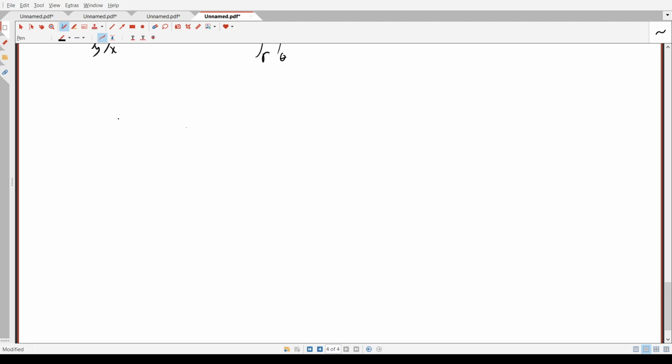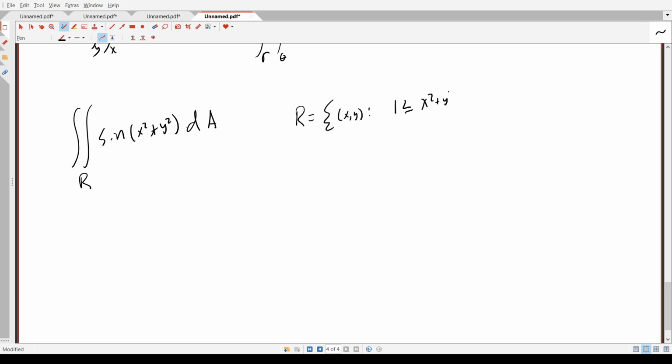So find the integral over this region R of sine of x squared plus y squared dA, where R is the set of points such that 1 is less than or equal to x squared plus y squared, less than or equal to 16.